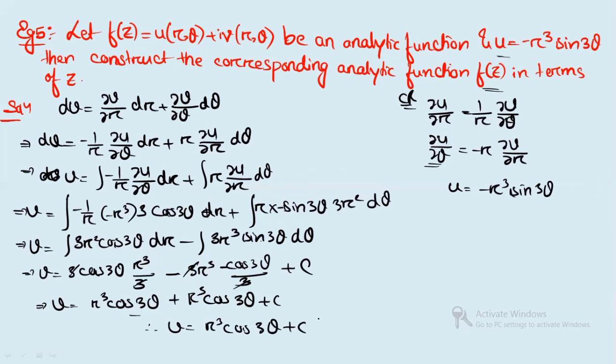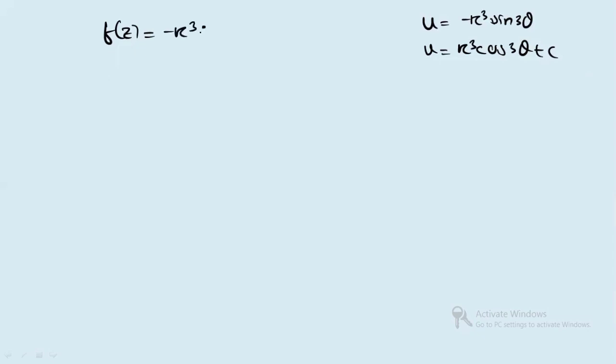Alright. Now you see what we were having, fz is equals to what? U is equals to, we will see from the first, it was minus r cube sin 3 theta, right? And v is equals to what? Plus r cube cos 3 theta. And c constant is there. So fz is what? U plus iv. So first write u: minus r cube sin 3 theta plus i r cube cos 3 theta plus c.